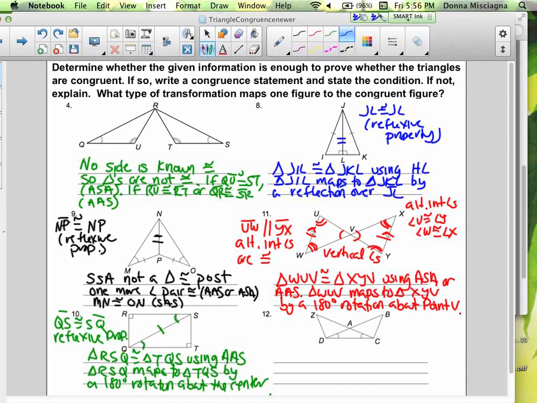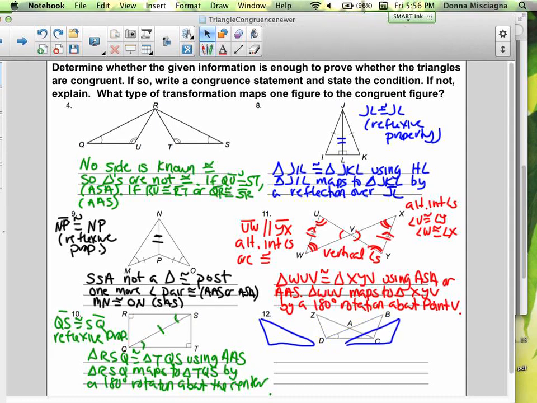All right, so this might be a little harder to see because we have two overlapping triangles. So let's separate them out. On your paper, you're going to draw them out. All right, there's my two triangles. There we go. And we'll label them.